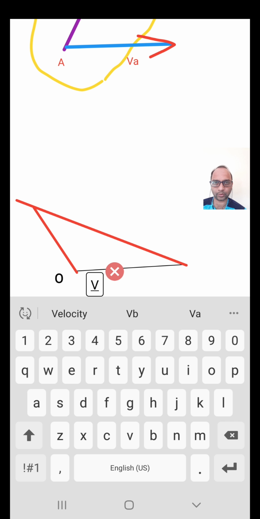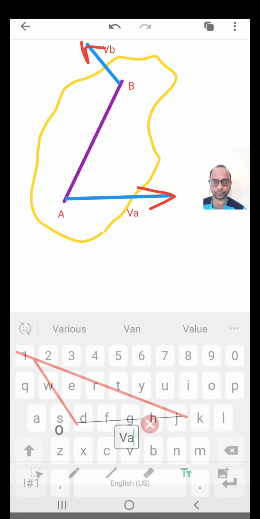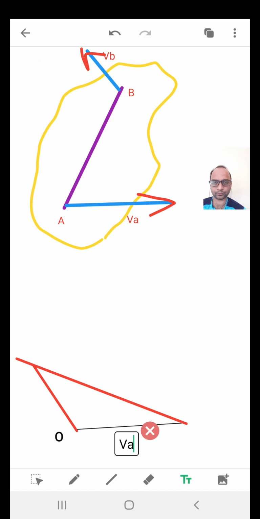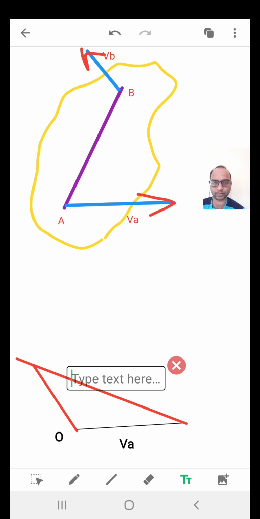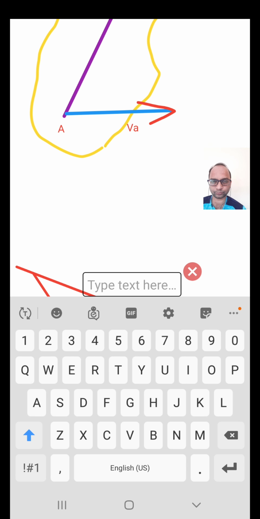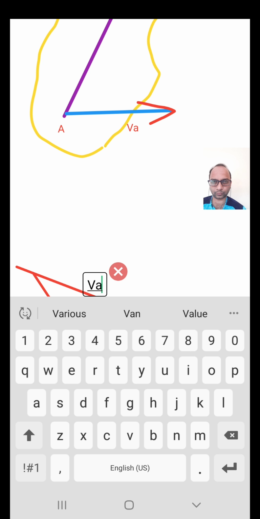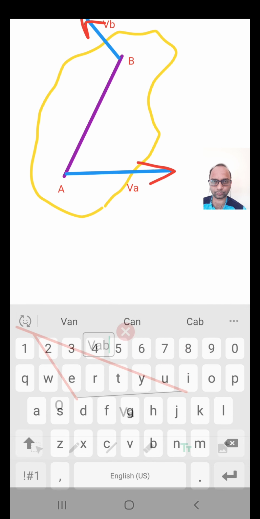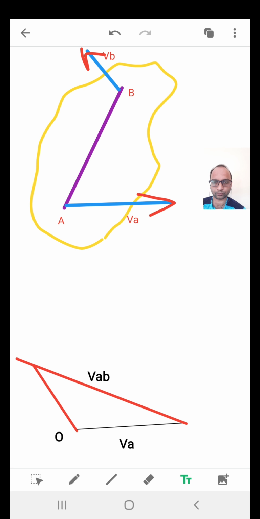This is VA, this is VAB perpendicular, and this is VB.